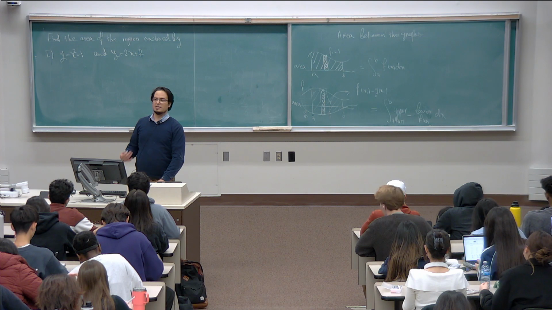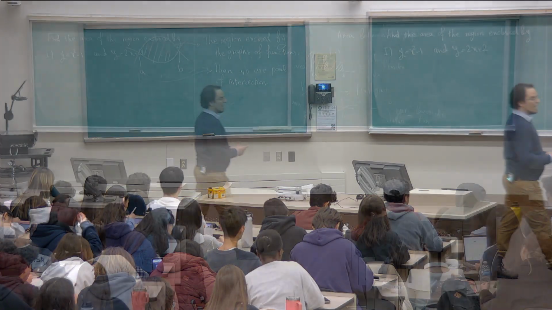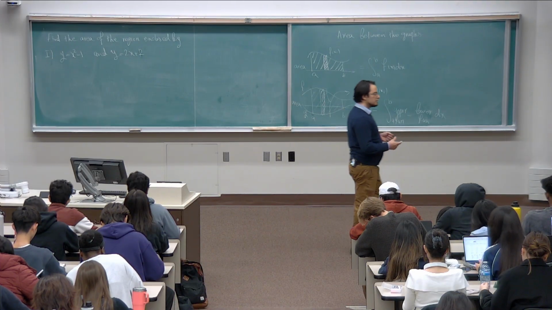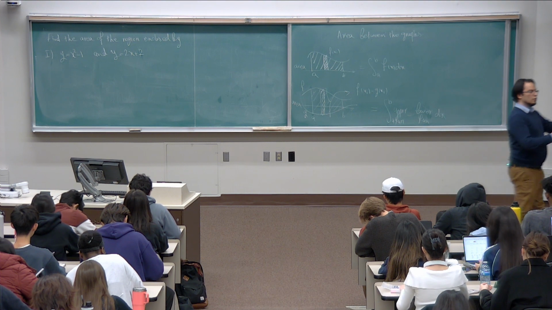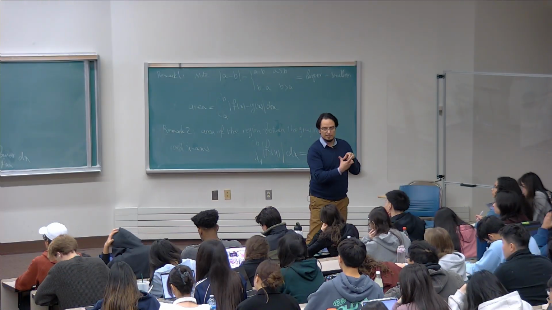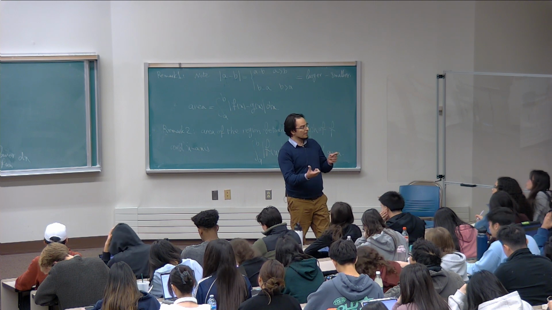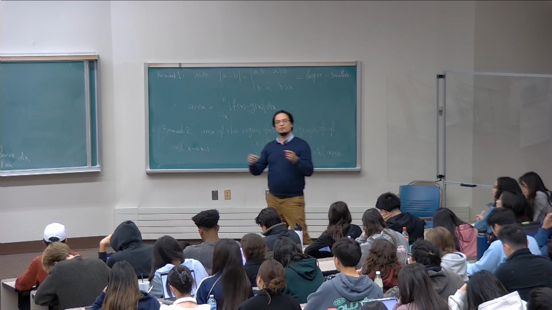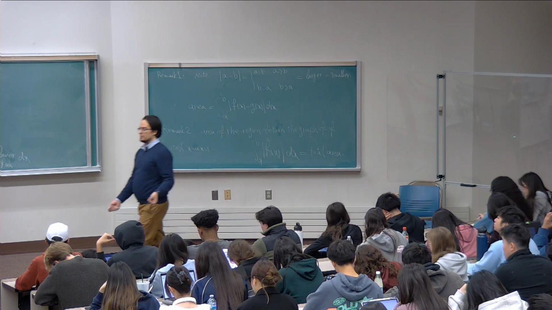The region is enclosed by these two graphs, meaning that these functions are going to intersect at two points, and you have to integrate the absolute value of f of x minus g of x from that starting point to the end point.